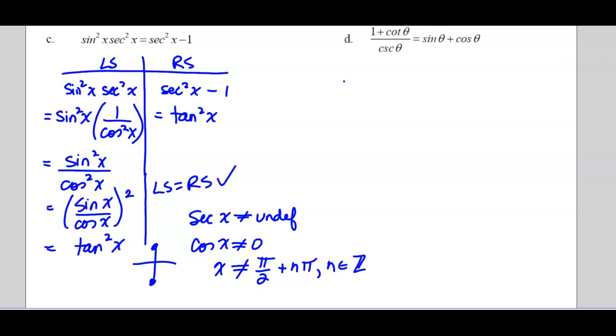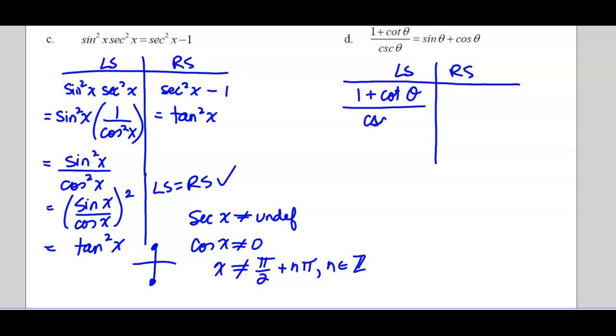So I'm not going to start with the right side in this case. I'm going to start with the left side and replace cotan and cosecant.